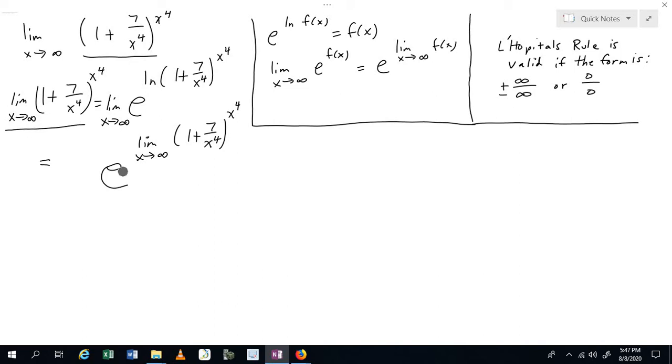It'll just be e raised to that number. Okay, so let's find this limit. Oh, there should be a natural log in front here. I left that off.